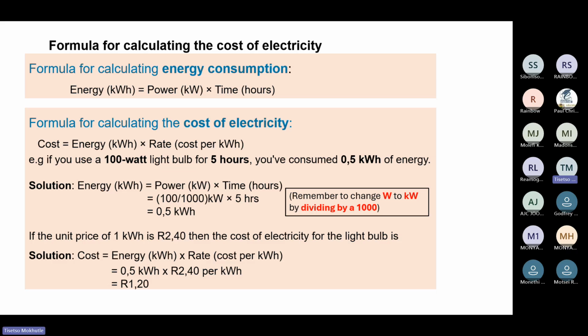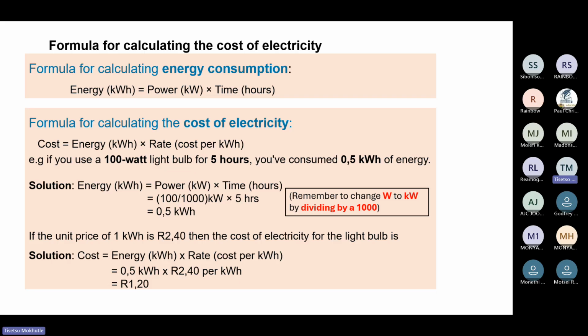If the unit price on your voucher of the electricity is, let's say, for example, R2.40, 1 kilowatt hour costs R2.40. Then the cost of electricity for that light bulb to shine for 5 hours can be calculated.